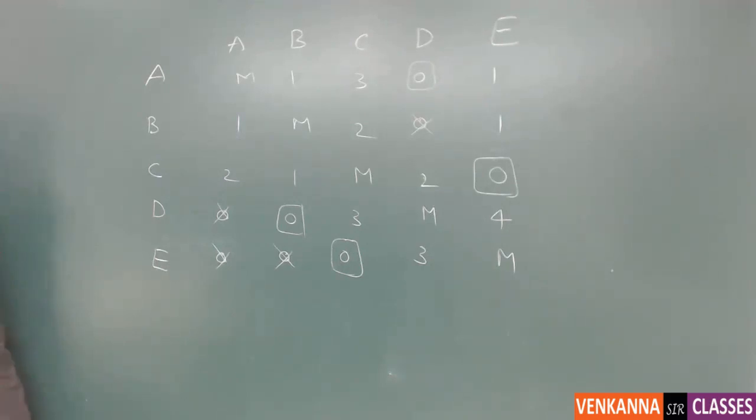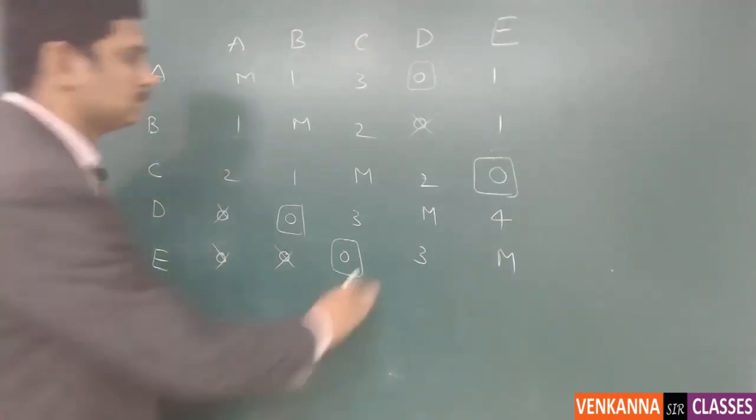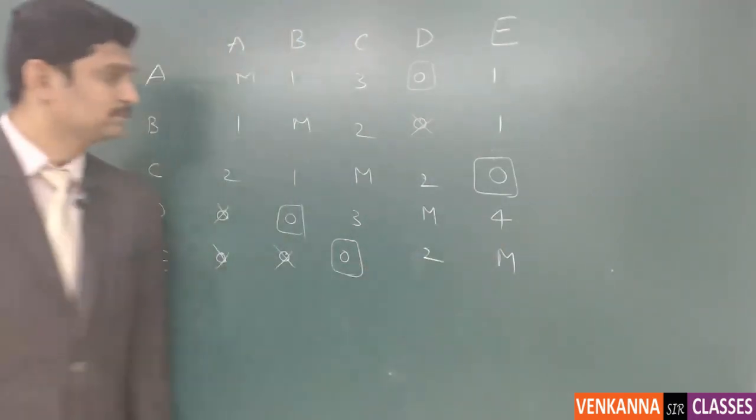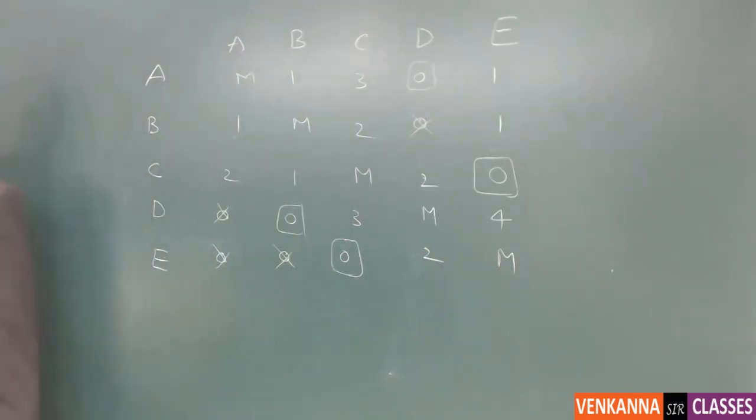The rest is okay, right? E, 0, 0, 3, M, right? Correct. Okay, 2, M. Accepted.